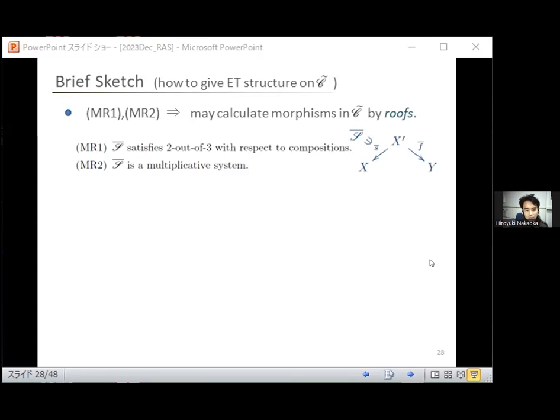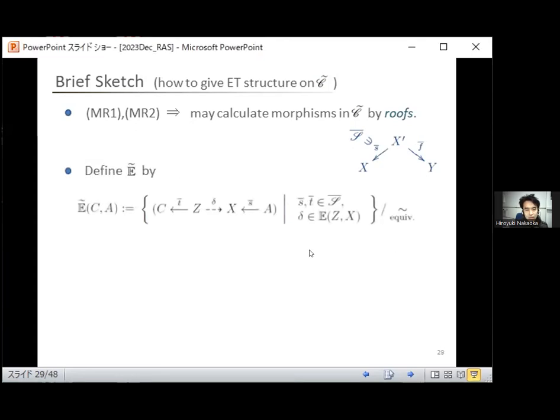And then we define E tilde by localizing the original functor E both from left and right by S bar. More precisely, we define E tilde of (C, A) to be the set of equivalence classes of this type of triplet.